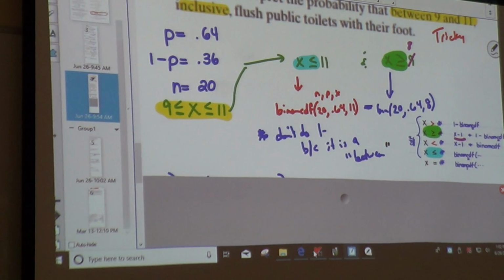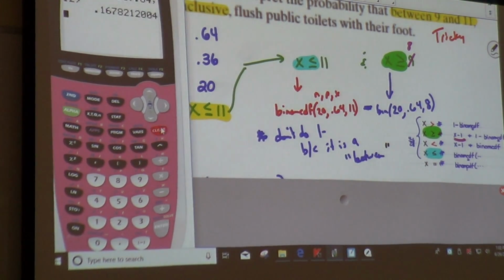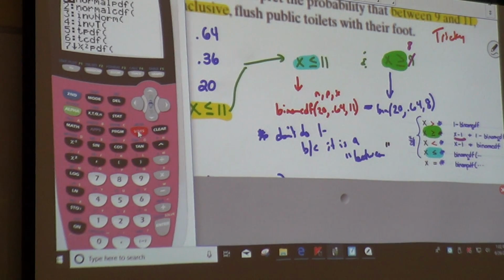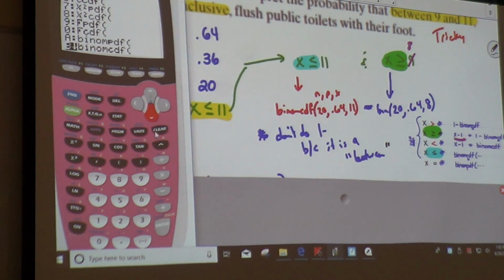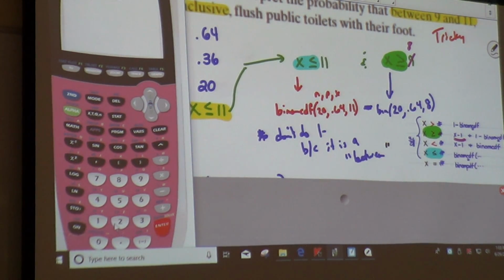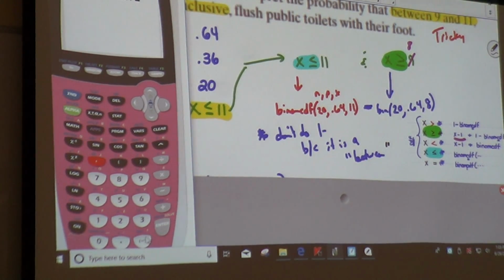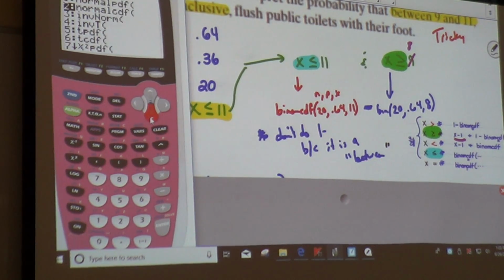I'm going to do second vars, binomial CDF, 20, comma, 0.64, comma, 11, close that, and then subtract the other binomial CDF, because we're trying to find the distance between.